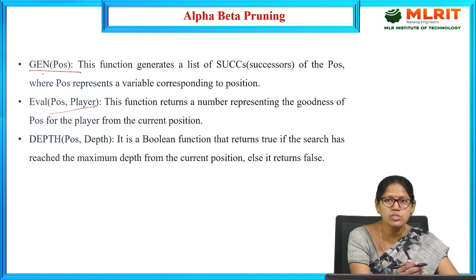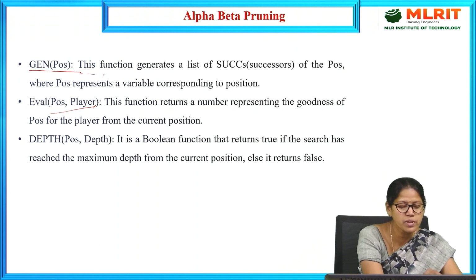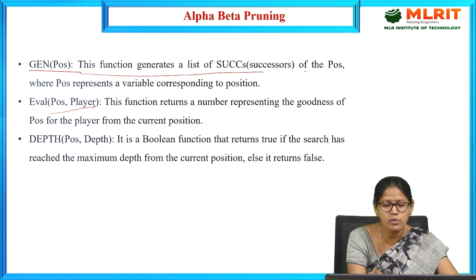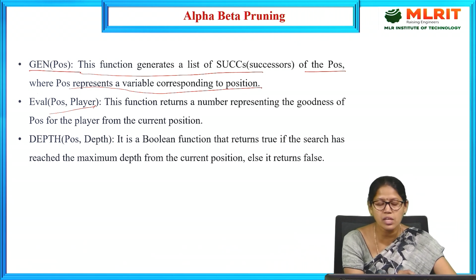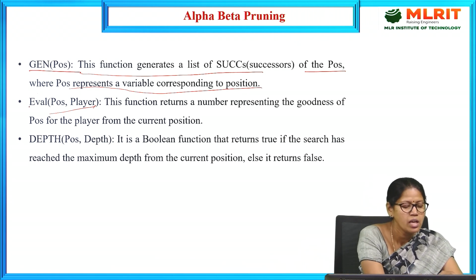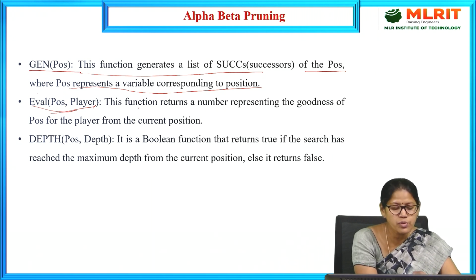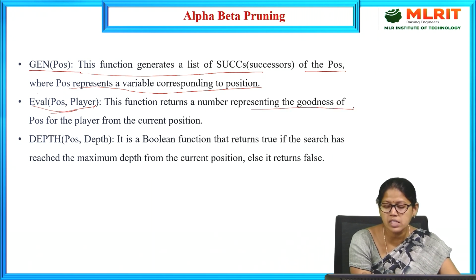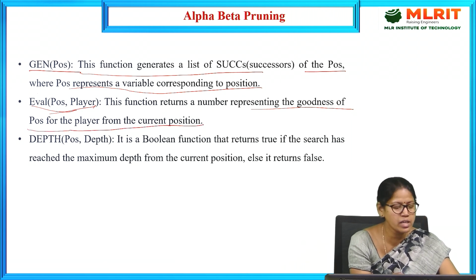First we need to generate all the positions, in which places they are there. Okay, this function generates a list of successors of the position, where position represents a variable corresponding to that position. Next, evaluate position and player: in which position and who the player is. So this function returns the number representing the goodness of the position for the player from the current position.